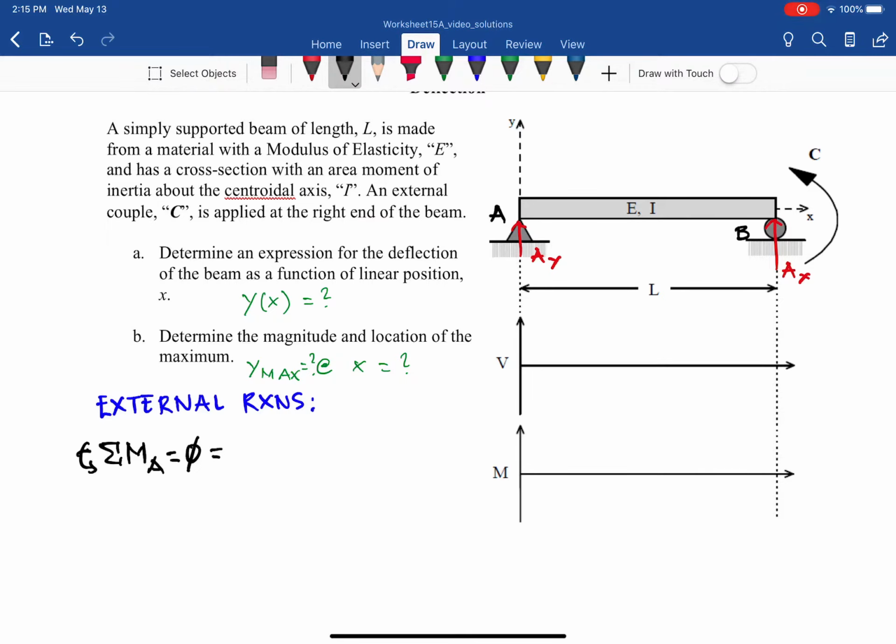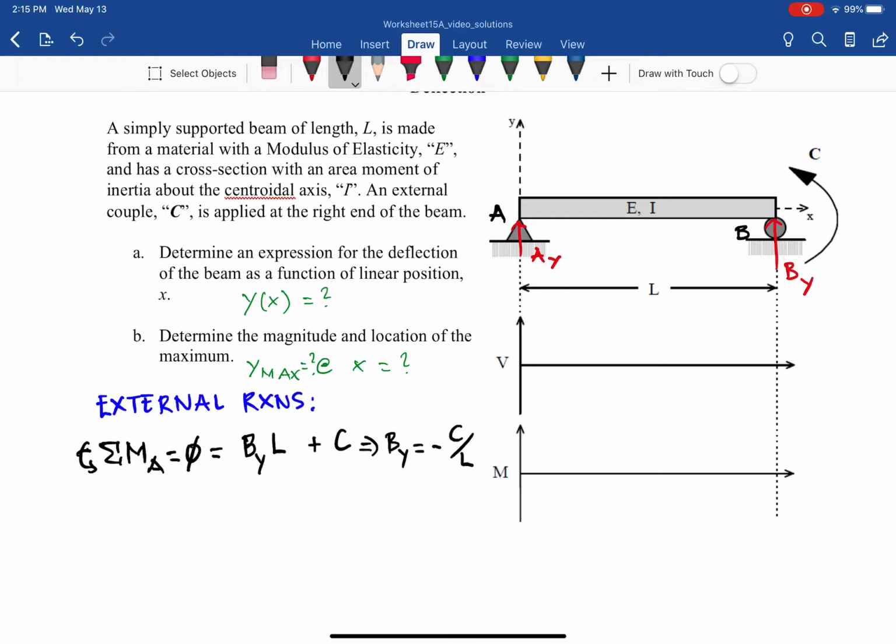So we have BY times L plus C, the couple, both counterclockwise. From that we have BY equal to negative C over L.